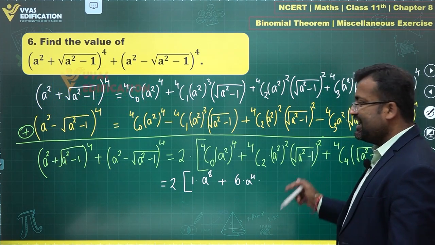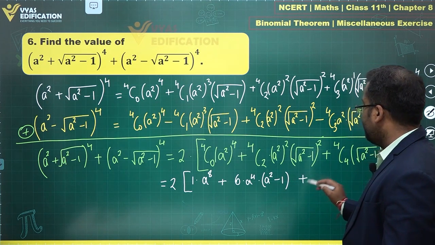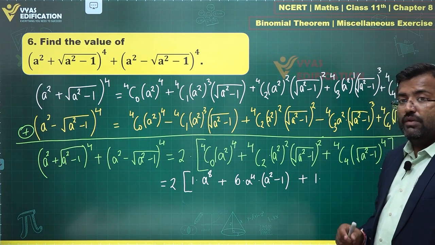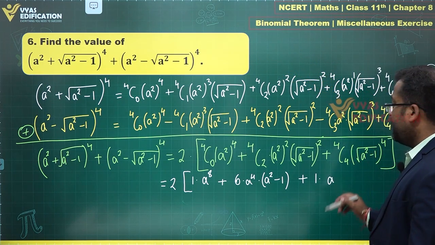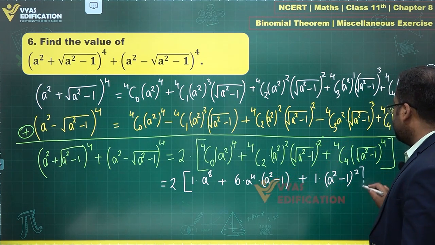And this is under root of a square minus 1 squared, which is simply a square minus 1. Plus 4c4 is simply 1, and under root of a square minus 1 power 4 will be a square minus 1 whole square. So a square minus 1 whole square is what I'll get in this bracket.